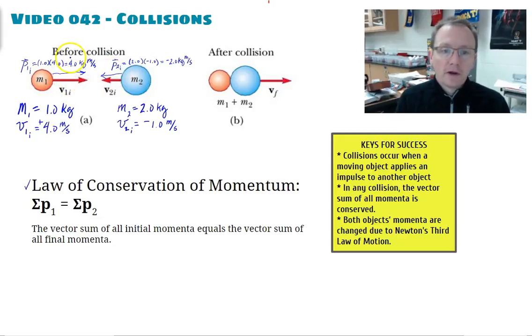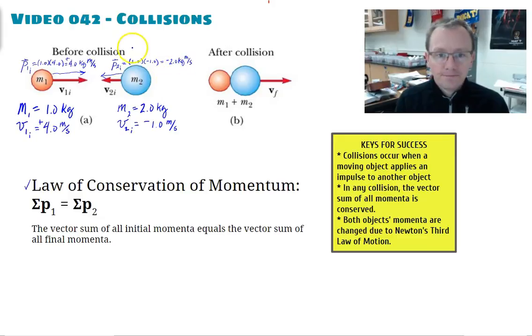And so if I go back up here to the actual numbers, I've got a positive 4.0 kilogram meters per second plus a negative 2.0 kilogram meters per second. So what's positive 4.0 kilogram meters per second plus negative 2.0 kilogram meters per second?